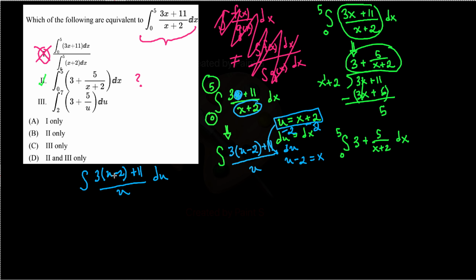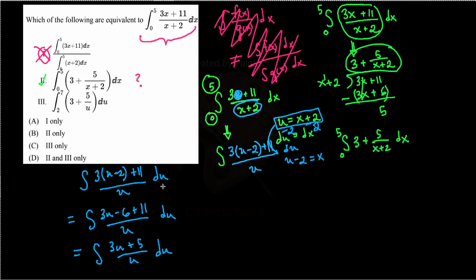Now I'm going to distribute the 3. 3u minus 6 plus 11 over u du, which is then just 3u plus 5 over u.